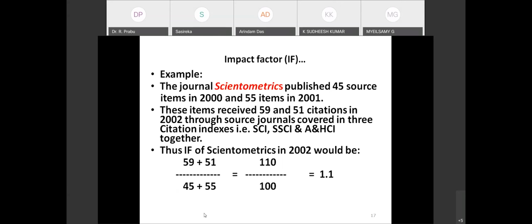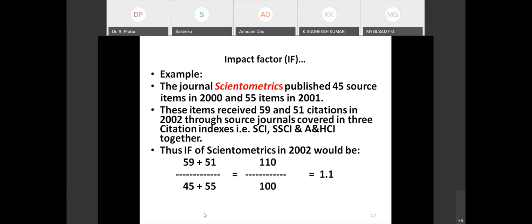For 2002, we have to find this out. So what will be the impact factor for the journal in the year 2002? For that, we take the number of articles published and number of citations over the 2 years. Here the number of times cited is 59 plus 51, so 110 citations we received in the last 2 years.